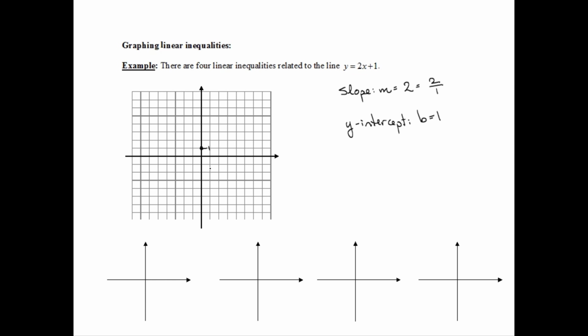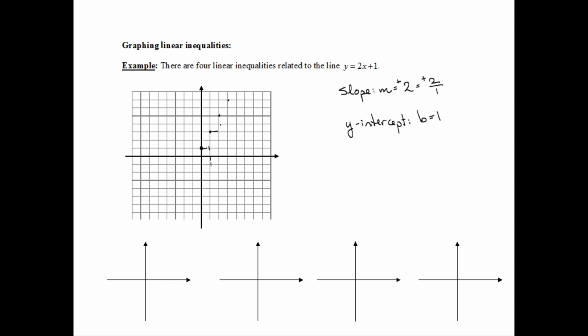Let's put a scale on this. We're going to use 1 square for 1 unit in both the horizontal and vertical directions. So I start by putting my y-intercept on my graph, and for the slope, I'm going to go vertically by 2, horizontally by 1. Realize that the slope being positive means that it will go uphill as we move from left to right. So here are some points on my line that I get by counting the slope.